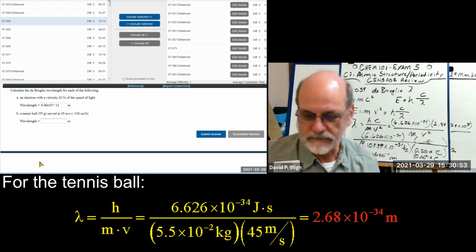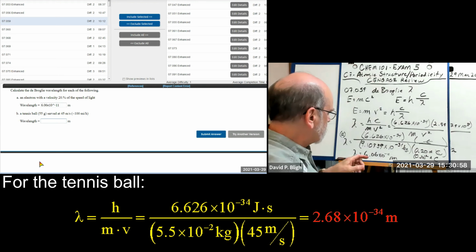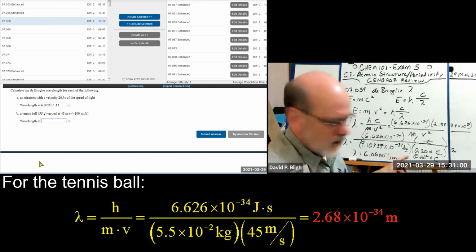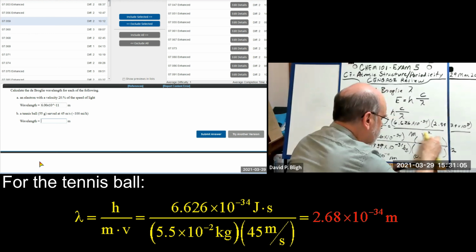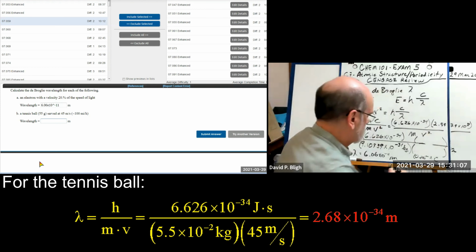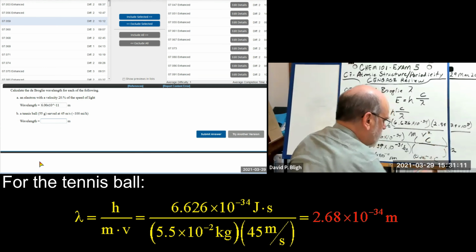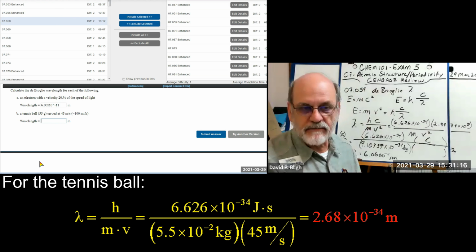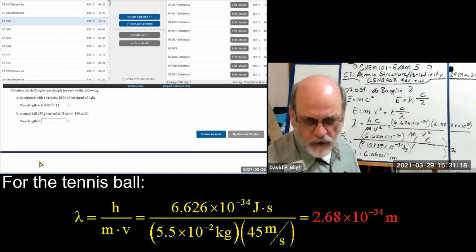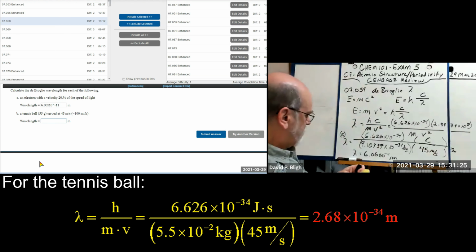Now let's do the tennis ball. Okay, so the tennis ball, we need a different velocity here. We're going to keep that C. It's not going to cancel this time. And then we're going to square the actual velocity in meters per second, which is 45. Okay.